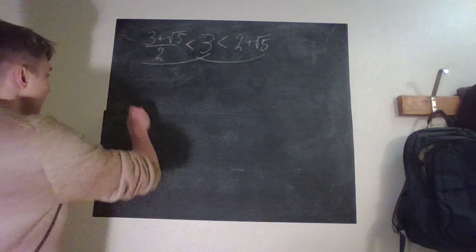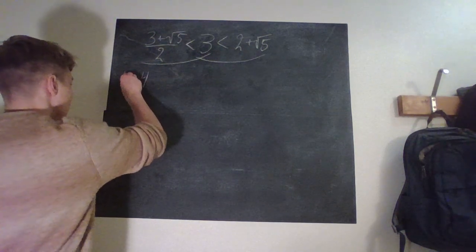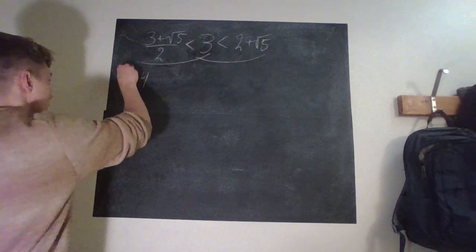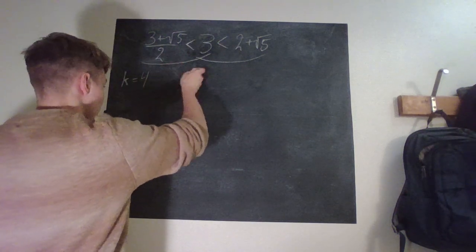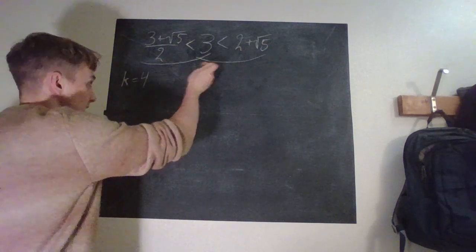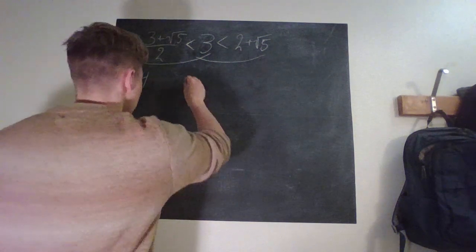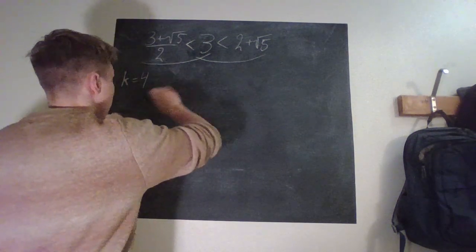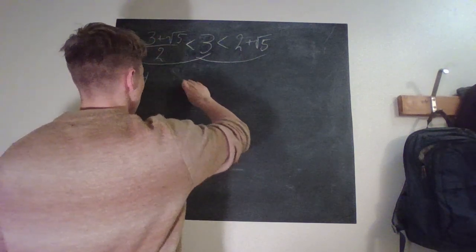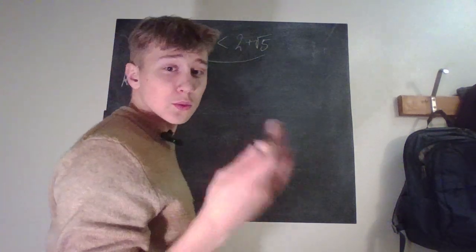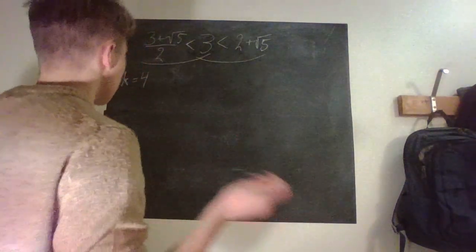Okay, so we say that our k is equal to 4, and because we have shown that this works when n is equal to k, which is 4, and k minus 1, we are allowed to make our induction hypothesis that it works when n is equal to k and k minus 1, and we shall then prove it when n is equal to k plus 1.